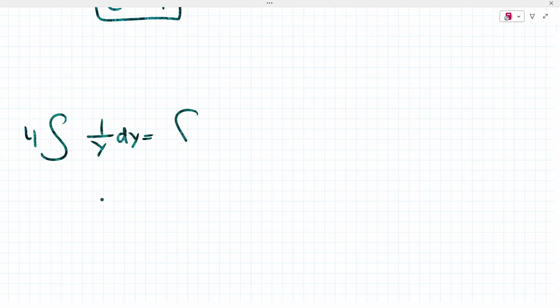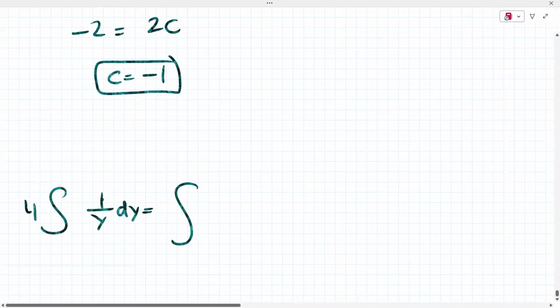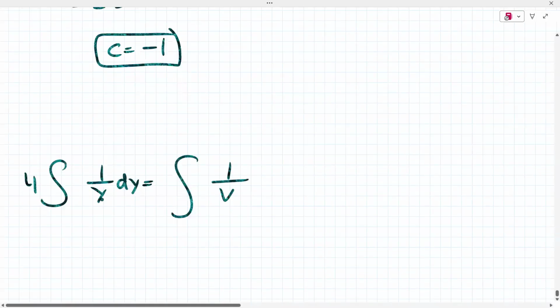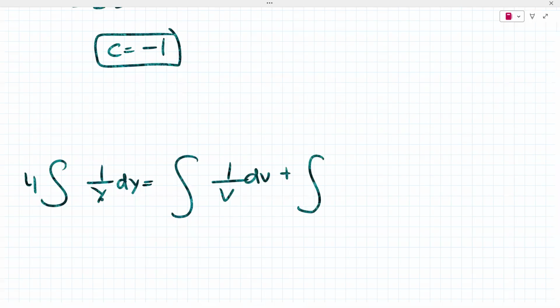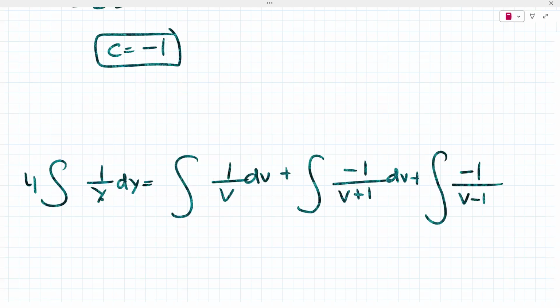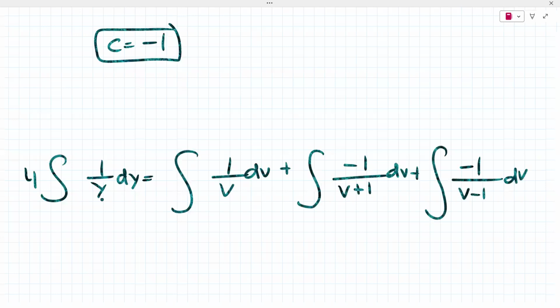And then on the left, we know our A, B, and C values, so it's going to be the integration of 1 over V dV plus the integration of -1 over V plus 1 dV plus the integration of -1 over V minus 1 dV. This one's easy.